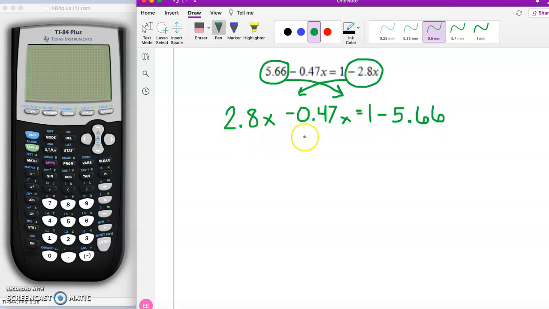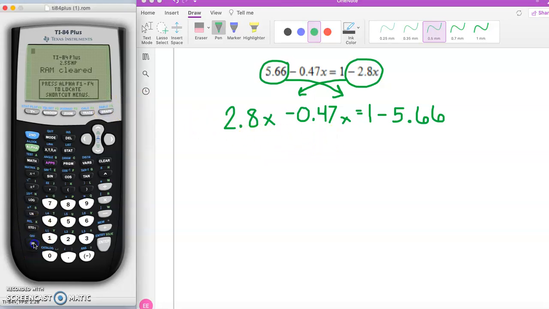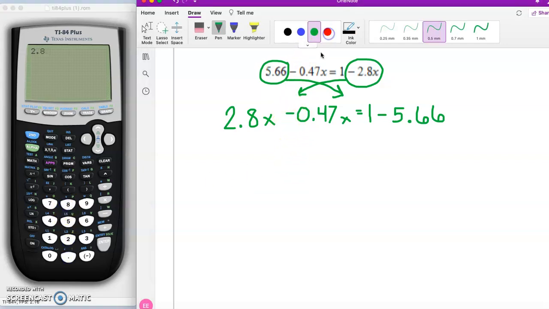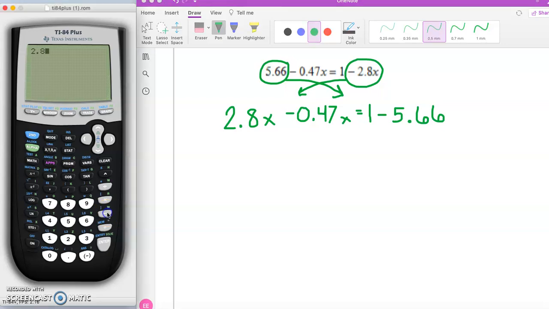Let's see now. I have all my x's on one side, so I can just figure those out. 2.8 minus 0.47. Now, if this sign is in between two numbers, like how it is right here, you're going to use the minus button. That means minus.